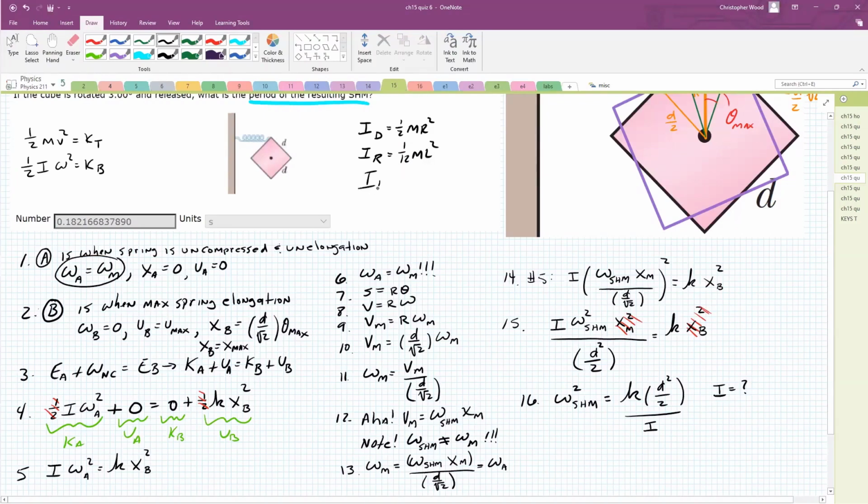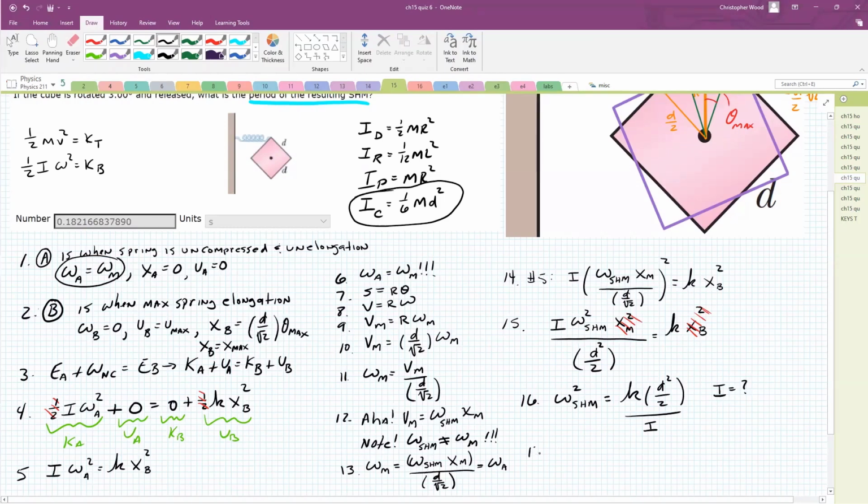For a point, just mr squared. And the rotational inertia for a cube, C for cube, is 1/6 md squared. I didn't do all of the differential calculus in 2 seconds to come up with that conclusion. I'm saying that's what a table of rotational inertia spits out.